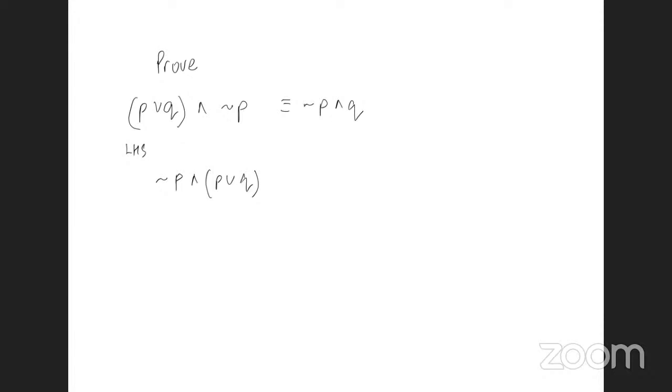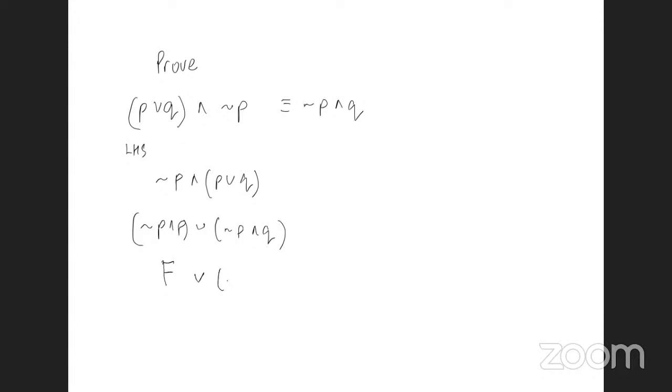If you use the distributive law, you will get the negation of P and P, or the negation of P and Q. Look at your answer. Somehow or the other, this has to disappear, correct? What is the negation of P and P? False. That's always false. We're using truth values, not ones and zeros.